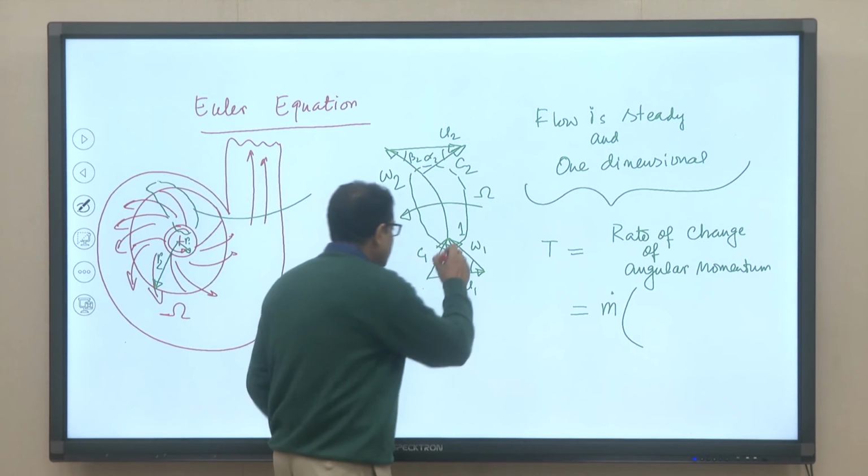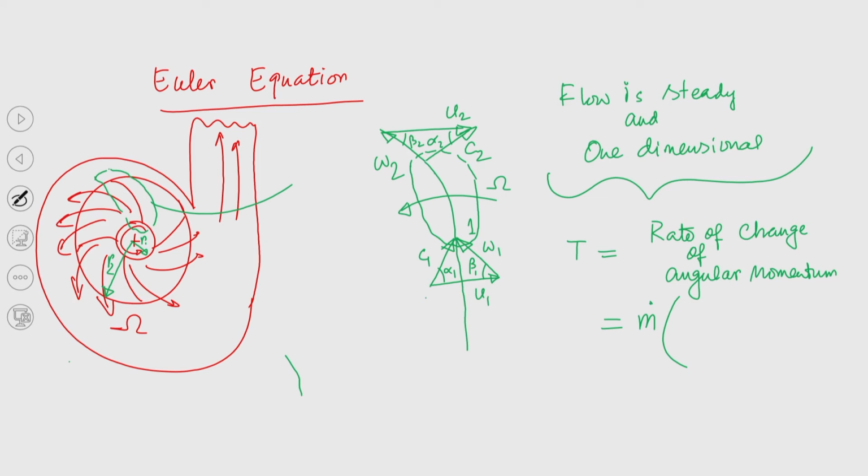If we take the component of absolute velocity in the tangential direction at inlet, it is known as c theta 1. I will be using this nomenclature throughout this course. This c theta 1 is known as the swirl component at the inlet, that is the component of absolute velocity in the tangential direction at inlet.